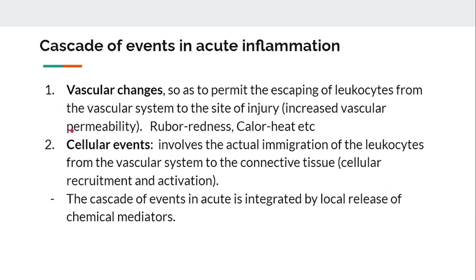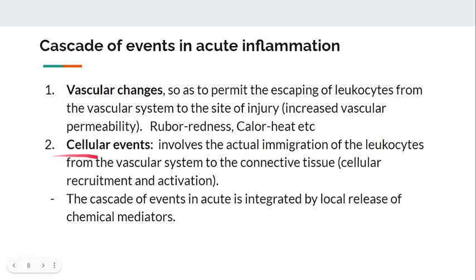So under vascular changes, you have vasoconstriction. Although this vasoconstriction is not prolonged, it's just transient vascular constriction for about maybe 8 to 15 minutes. Then after that, there will be vascular dilation. Okay, so yeah, you have vascular changes. Apart from vascular changes, you have the cellular events. Okay, so these cellular events are the events which are undertaken by a cell from the time it is deep in the blood until it reaches the site of injury by chemotaxis.